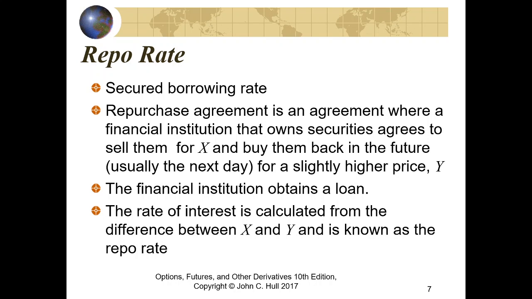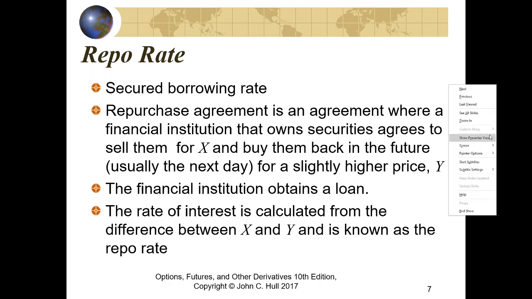So to cover this deficit, it might go to the repo market and offer to sell a security for X and agree to pay it back at a slightly higher price, which is Y. The rate of interest is calculated from the difference between X and Y, and it is known as the repo rate.